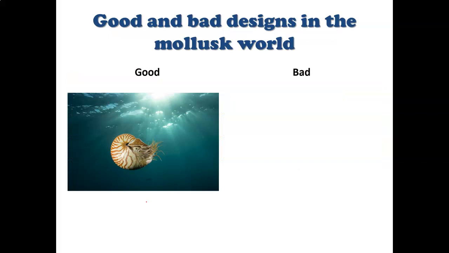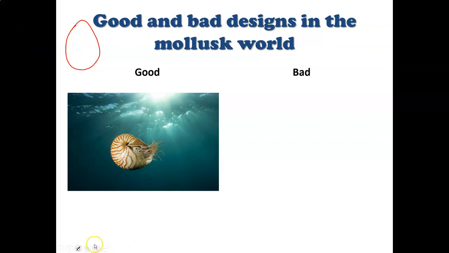So there are some amazing examples of adaptations here. This is a chambered nautilus. And the nautilus, if you look at it in cross-section, actually has a shape like an egg. Right? So if we were to turn this 90 degrees so it's facing you, it would have this ovoid shape.